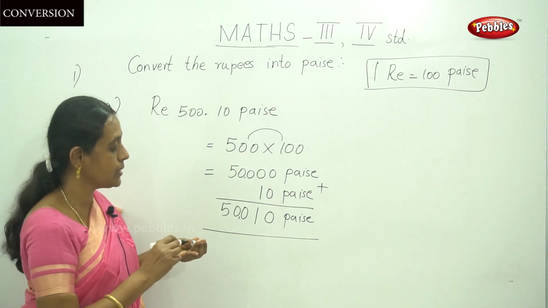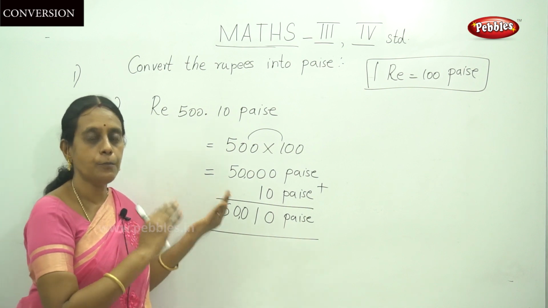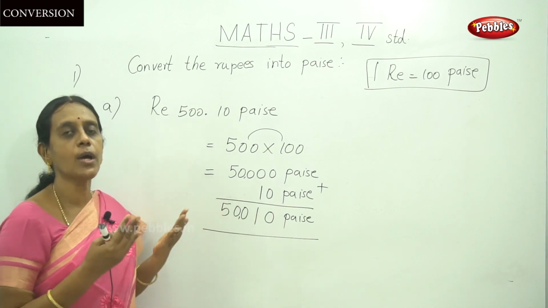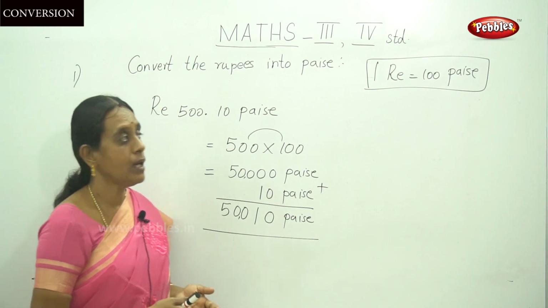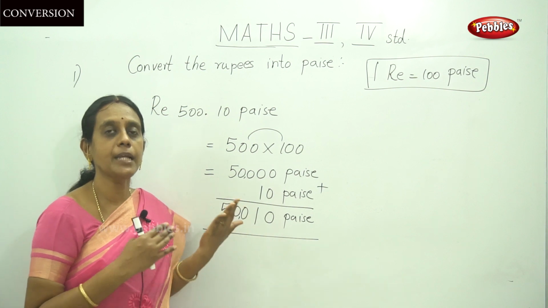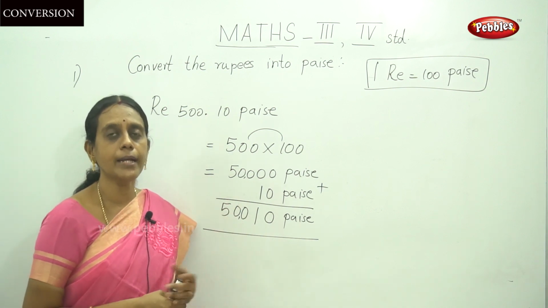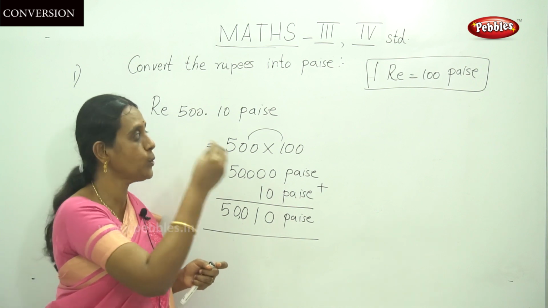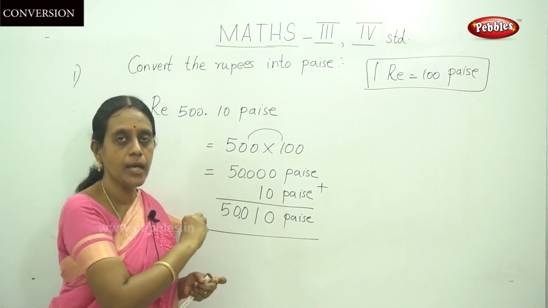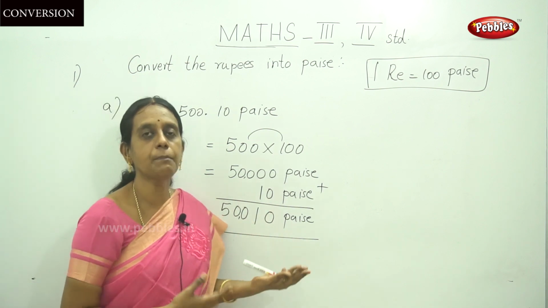This is the method of conversion from rupees into paise. Simply multiply the number by 100, and for conversion of paise into rupees, simply divide the number by 100. Without division, you can write down the answer after putting 2 digits, afterwards make a dot, and the left side denotes the rupees and the right side 2 digits denote the paise.